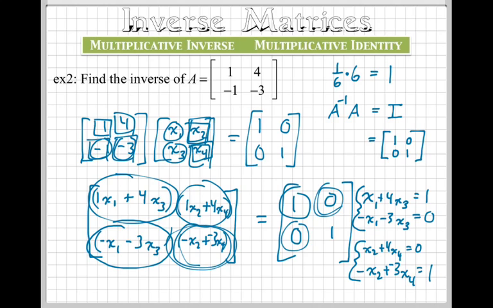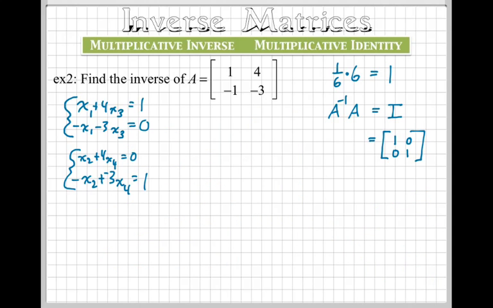Alright, let's clean this up. Now, we would have to solve for both of these systems in order to find out what our inverse matrix is for A. So for this top one, you would set it up like this. You would go 1, 4, -1, -3.